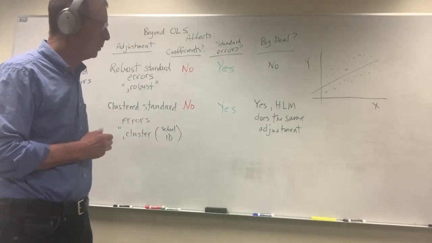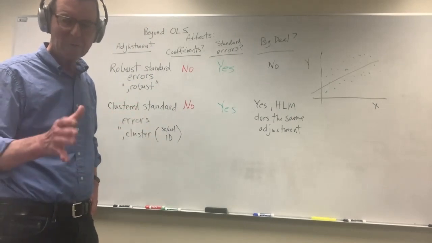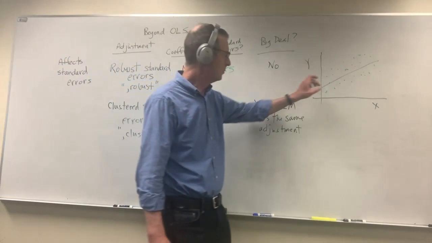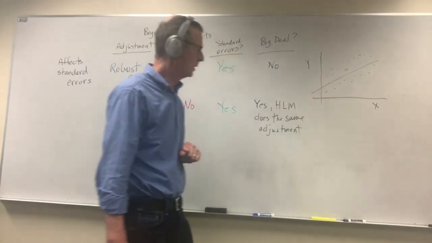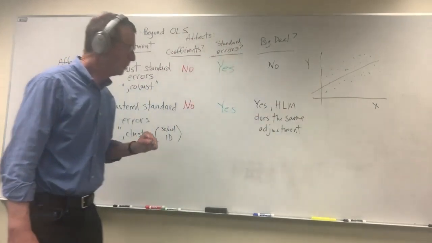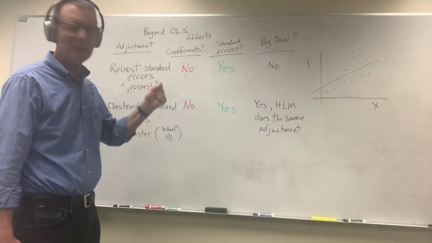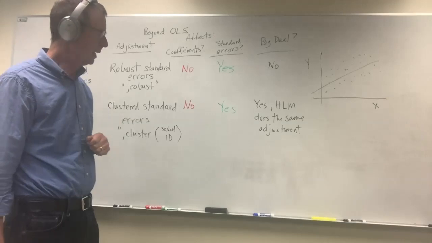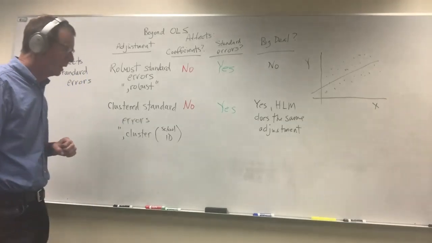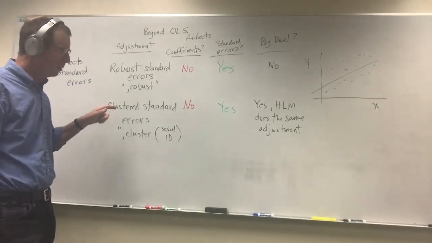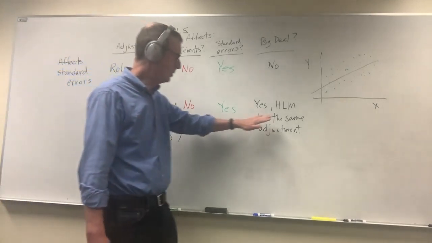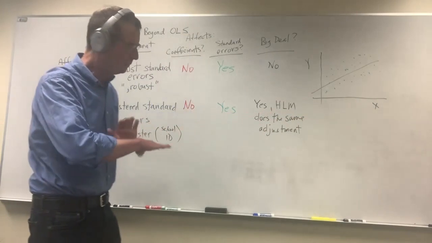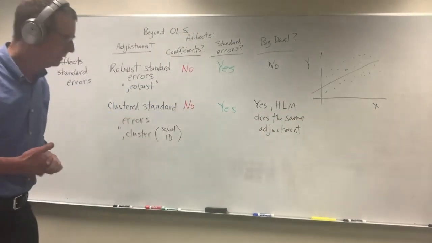So, we have talked about fixed effects. This is different. This is all about non-independence of observations, and we'd like to be able to adjust for the fact that we've got non-independent observations. And again, there's an easy way to do that. One way is with an HLM model, a multi-level model, where you've got kids at the first level and then classrooms at the next level.